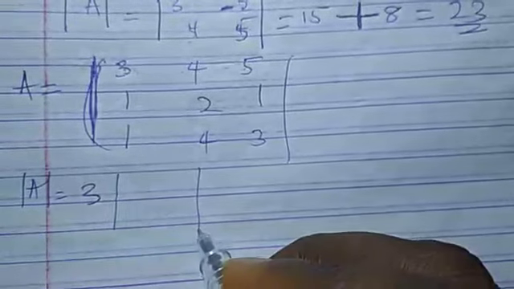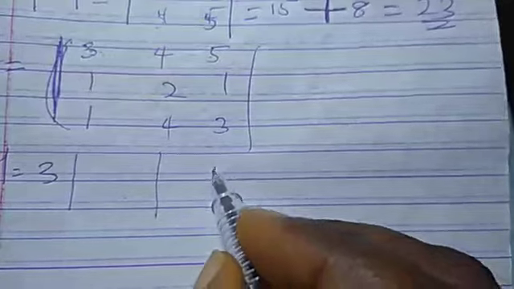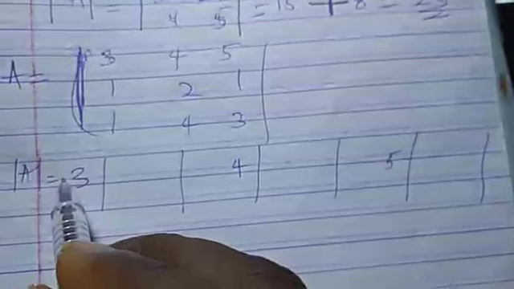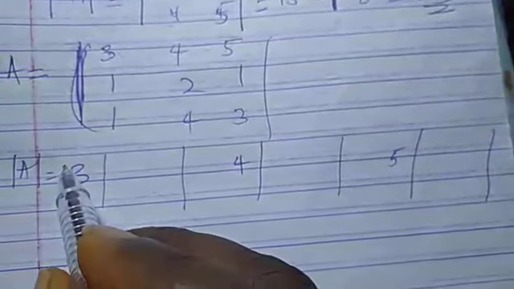We put a 2 by 2 matrix. Also, we put 4 and another matrix here, and the last one is 5 with another matrix. But some signs will come before those numbers. Here we put plus, minus, and plus.